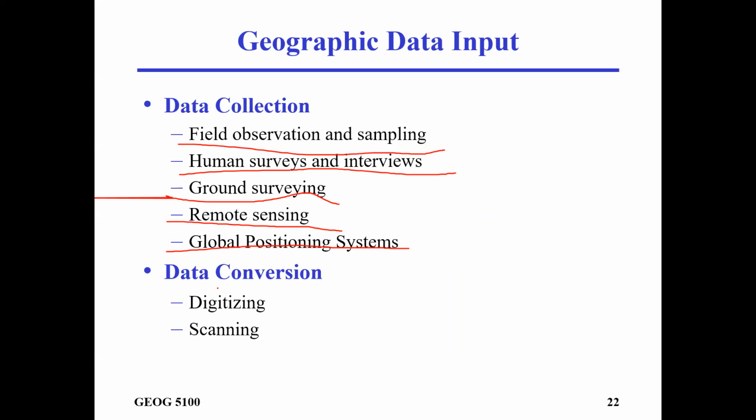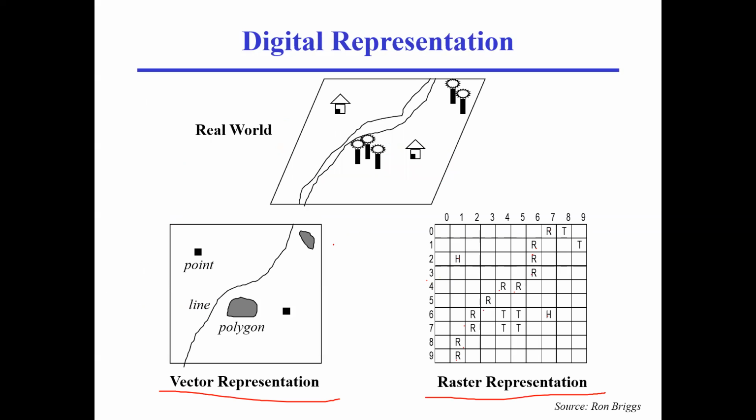Data conversion, digitizing. What is digitizing? So we see here, it's a house. Obviously, in GIS software, you cannot just draw a house to tell the computer this is a house. It's not necessary. You just need to digitize this house. How to digitize? Use a point to represent it. Done. That's digitized. How about this river?